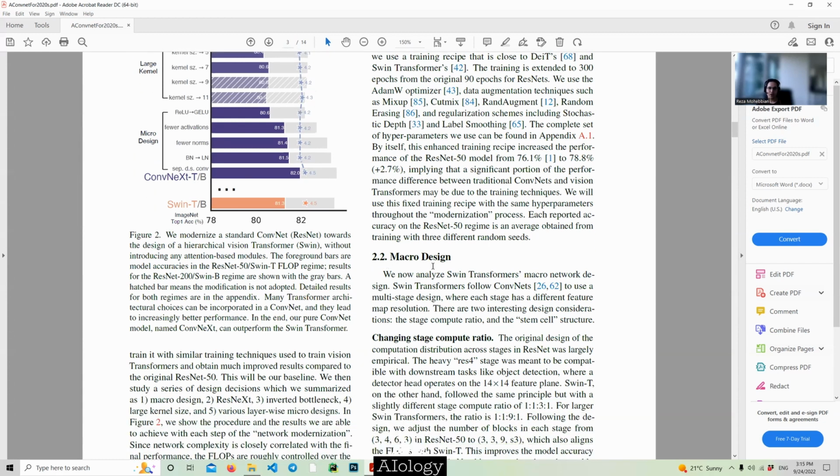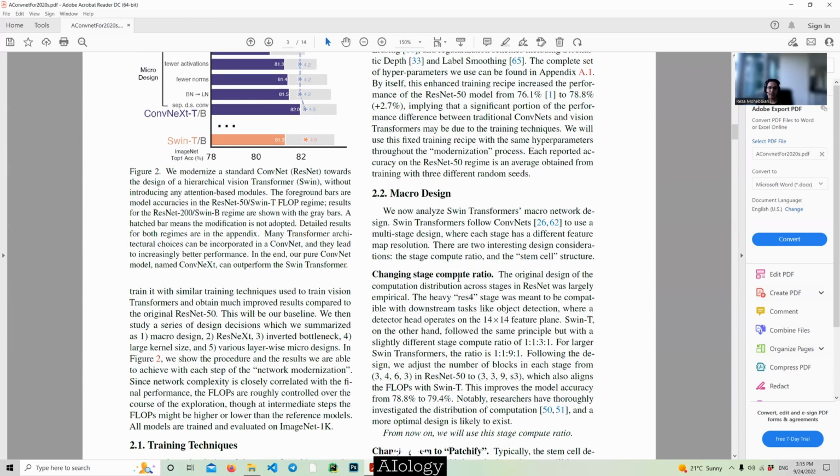So the first thing is macro design, and it is changing the stage compute ratio. Mainly they are saying that the Swin Transformer is using this kind of stages. For example, they have one block, then 9 blocks, and 1 block. And previously in ResNet, we were using something like 3, 4, 6, 3. And one of the changes to match the Swin Transformer architecture is to change that ResNet 50 to something like this.